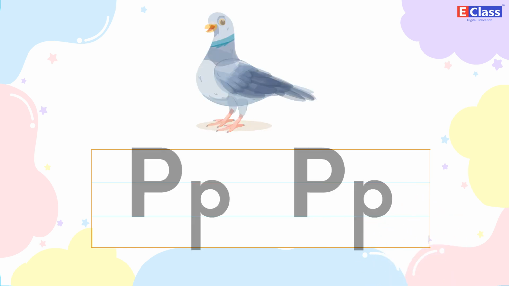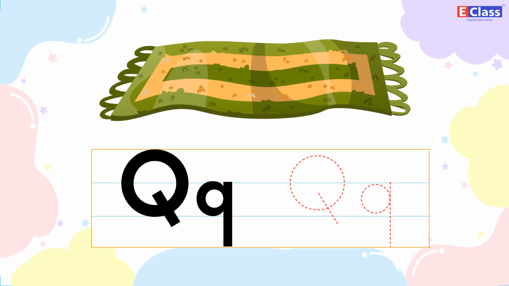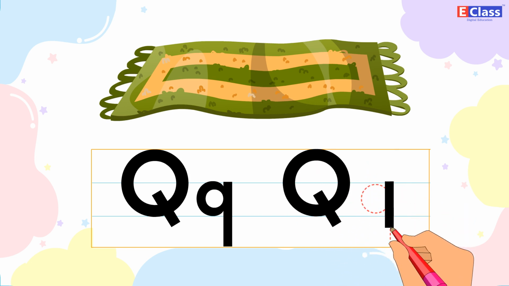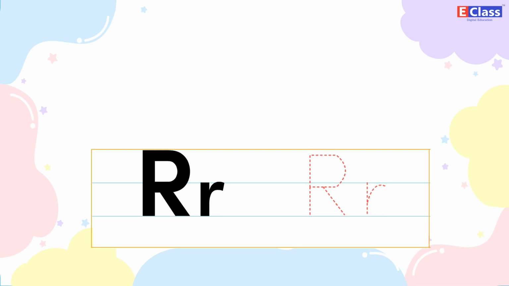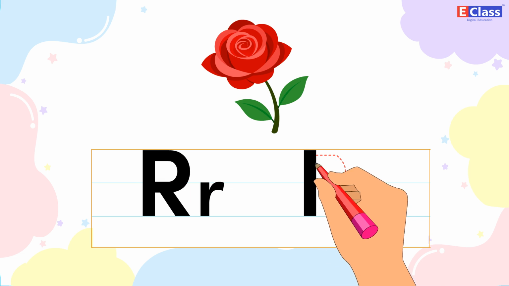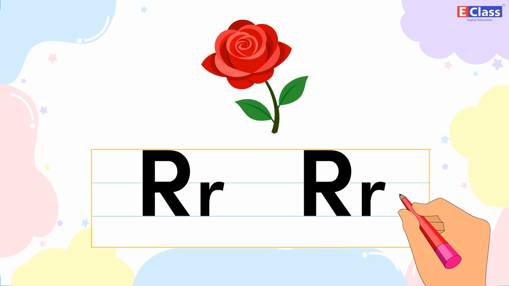Keep tracing. Q for quilt. Trace both. Capital Q and small q. R for rose. Capital R and small r.